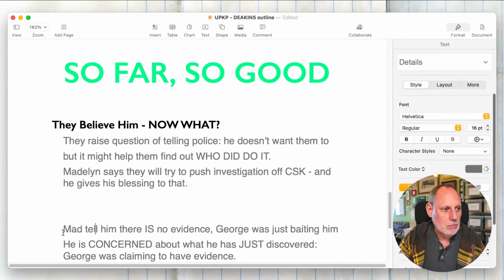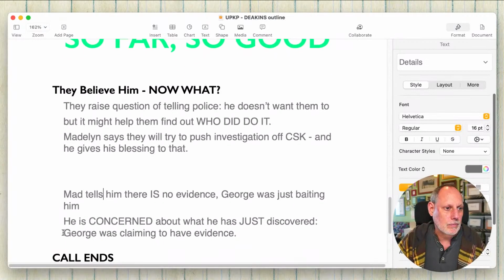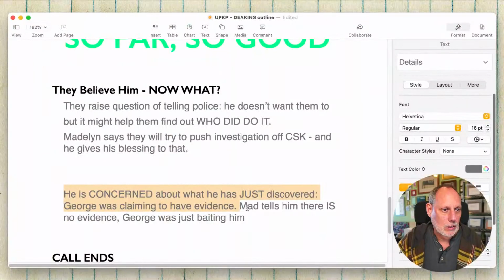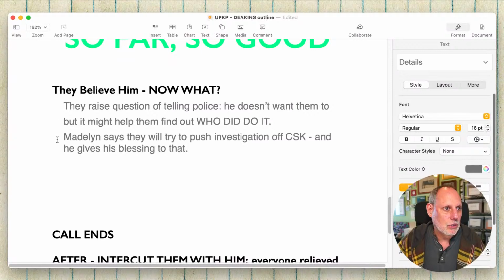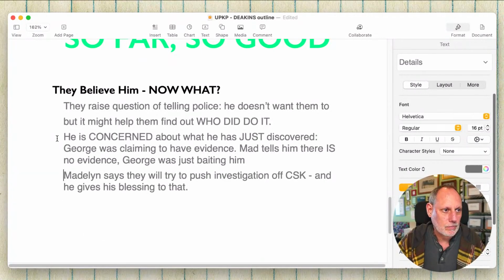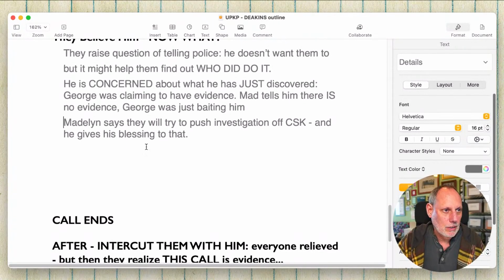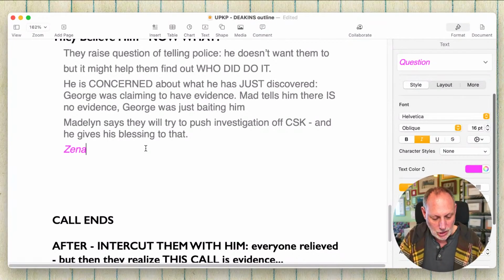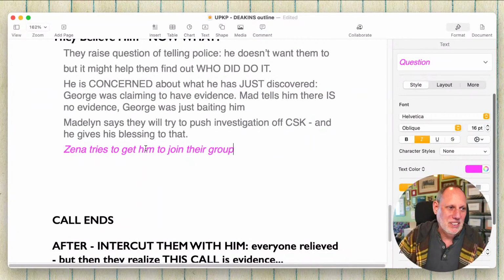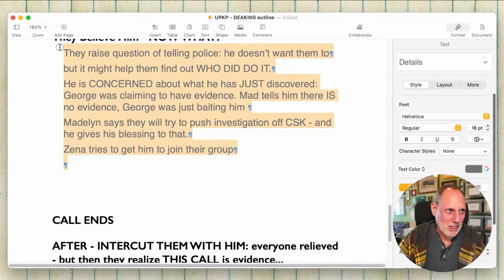Madeline tells him, okay, so this is all actually in there, but I'm just going to leave it. Xena tries to get him to join their group, which is just hysterical that she would think that he would join their group.